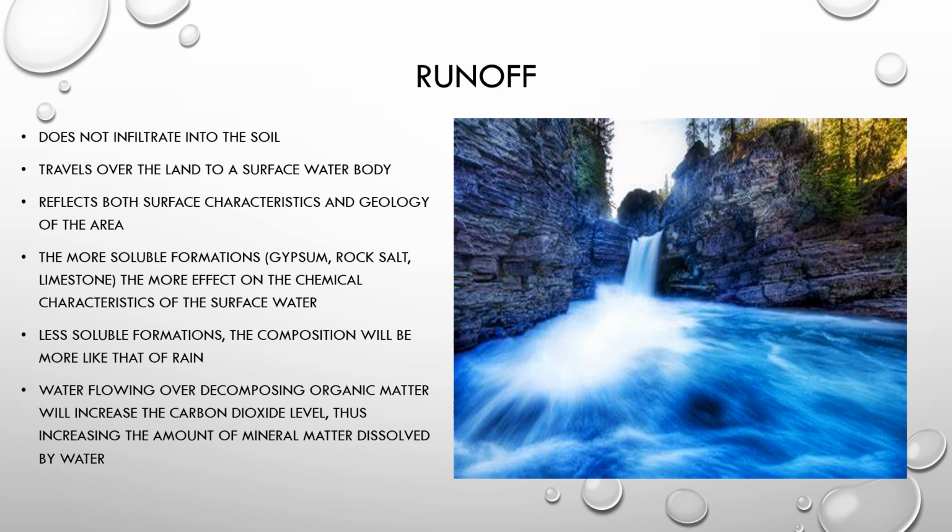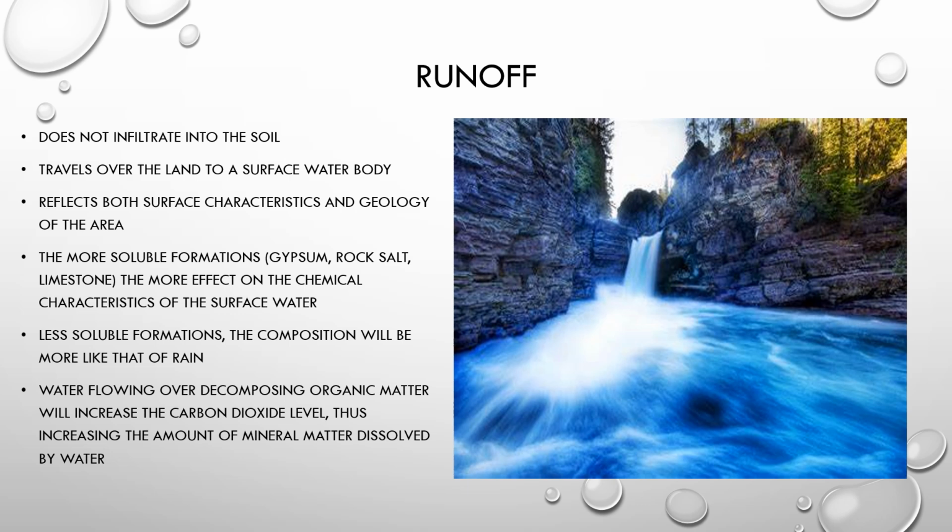So when you find areas that have more soluble formations, such as gypsum, rock salt, and limestone, it's going to carry those through, and it's going to have more of an effect on the chemical characteristics of the surface water. With less soluble formations, the composition will be more like that of rain.